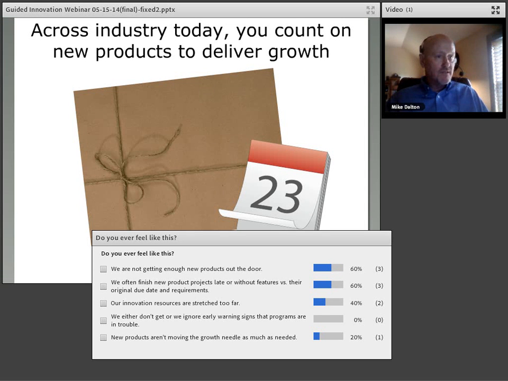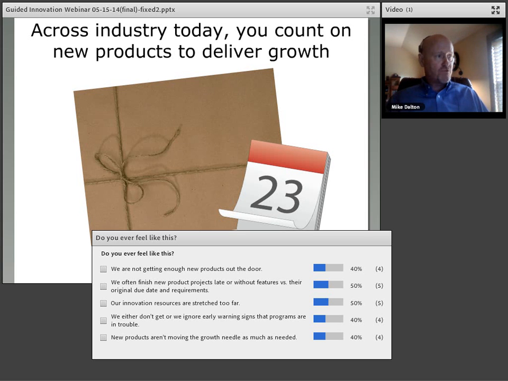So let's take a look at the results here. We've got a good percentage of folks that are not seeing enough new products coming out. About 50% are seeing new products finishing late. 40% with innovation resources, now we're back to 50% with innovation resources stretched too far.